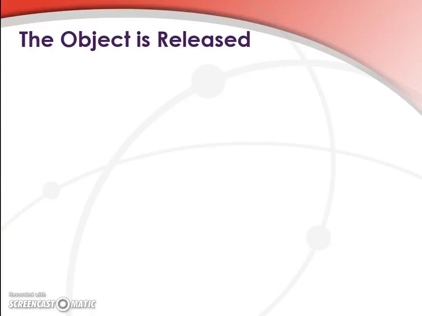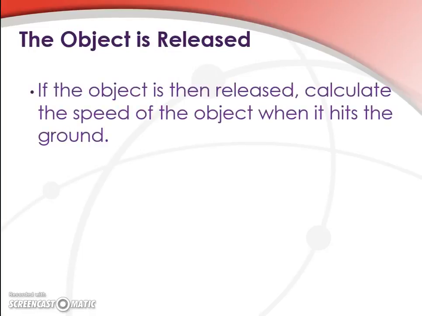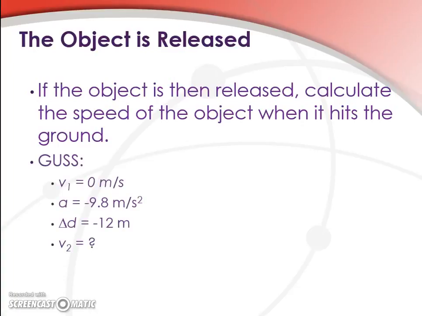Now let's change the game. So we drop the object, and we want to know the speed of the object when it hits the ground. So our v1 is 0 meters per second, acceleration 9.8 straight down, our distance 12 meters.